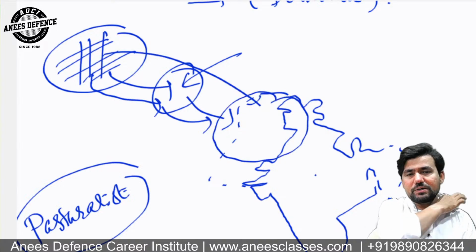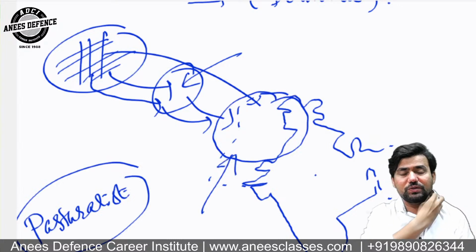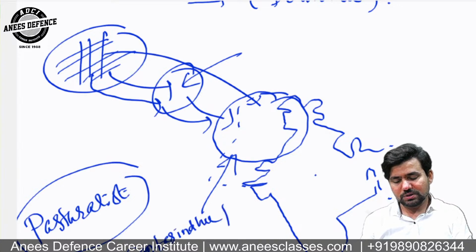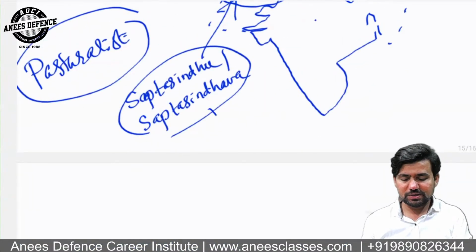Because you will see there is frequent mention in the Vedas of this region, which was famous as Sapta Sindhava. Sapta Sindhava basically means the land of seven rivers.